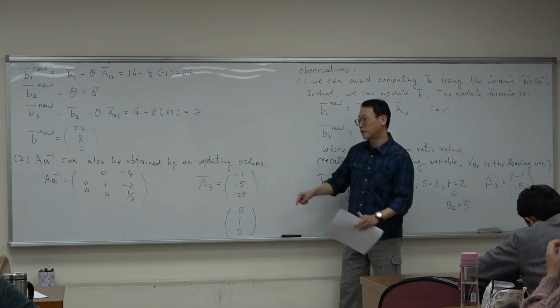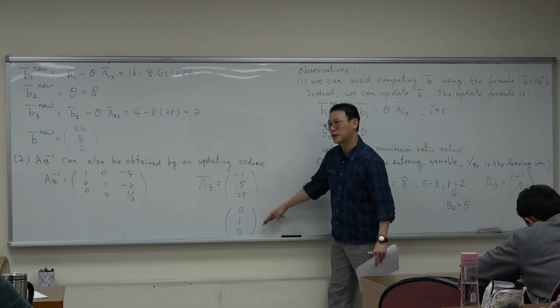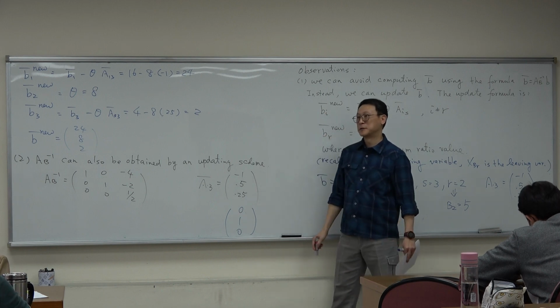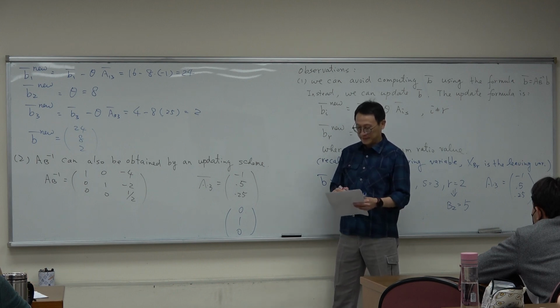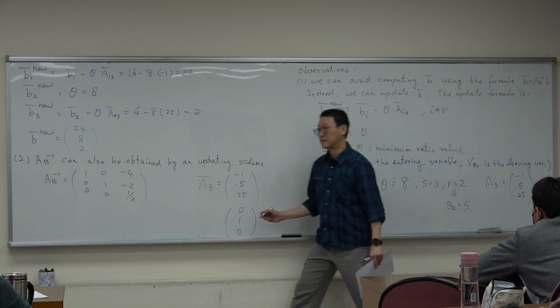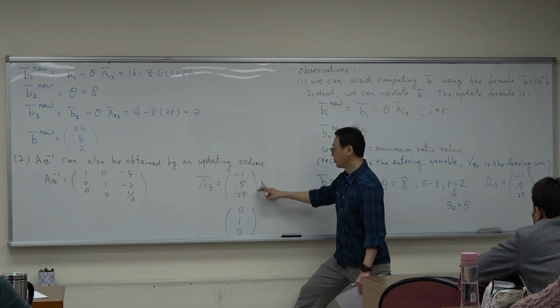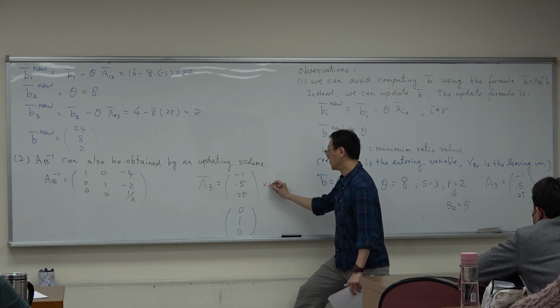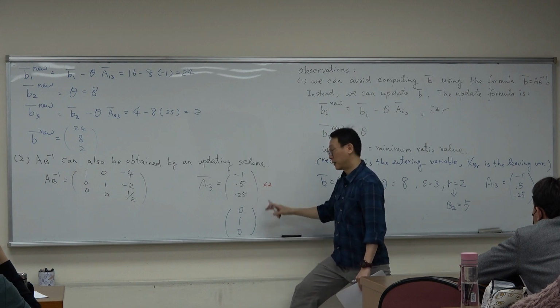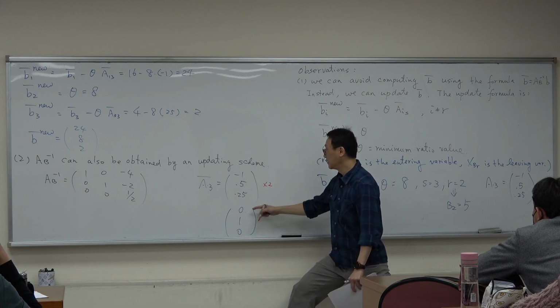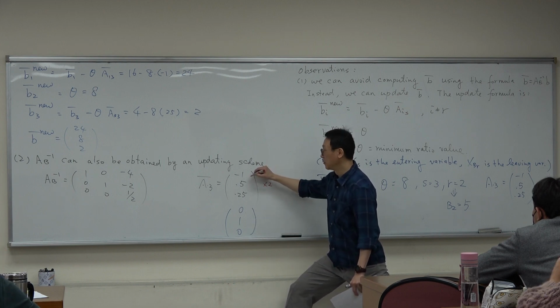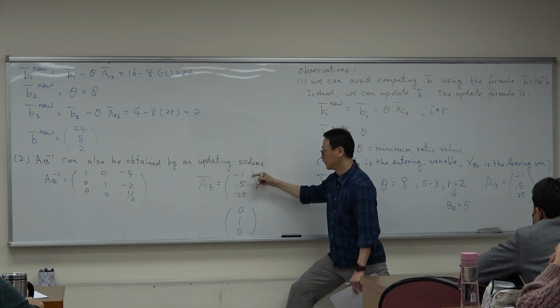How can we transform from here to here? The second row, multiply by 2. 0.5 multiplied by 2 becomes 1. Right? And how can I eliminate minus 1?